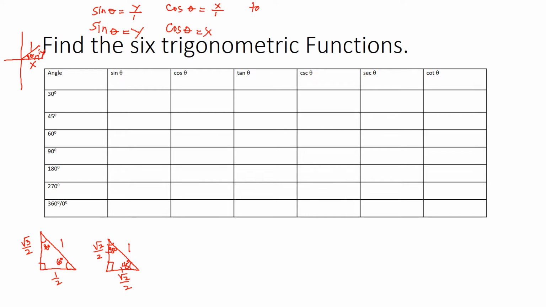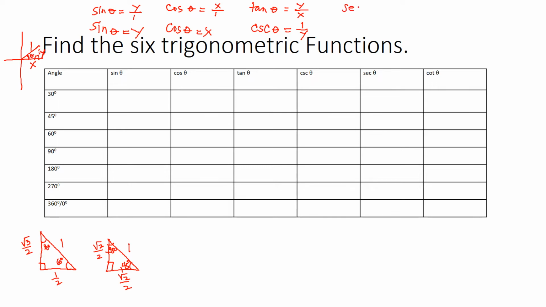Next, we have tangent theta. Tangent theta is equal to opposite, so opposite of that angle is y over adjacent, which is an x. Next, we have the cosecant theta, which is an inverse of the sine theta. So since this is inverse of the sine theta, if sine theta is y, then cosecant theta will always be 1 over y.